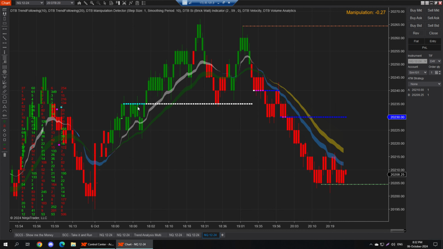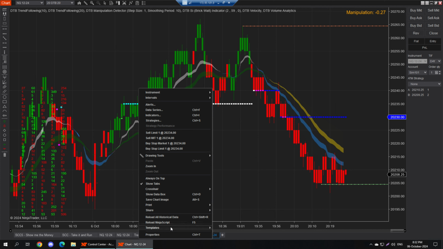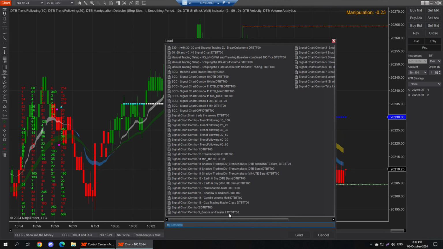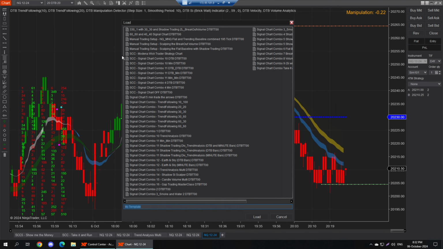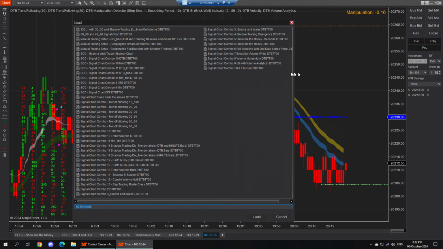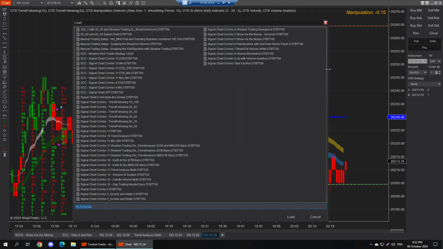That's why, if you go to the templates and you go load, you'll see there's quite a few chart templates in there. These are all being provided to you guys so that you can look at different templates as they are and say, oh, that one works for me, or this one doesn't work for me, or I can see price clearly on this chart and not so much on this chart.